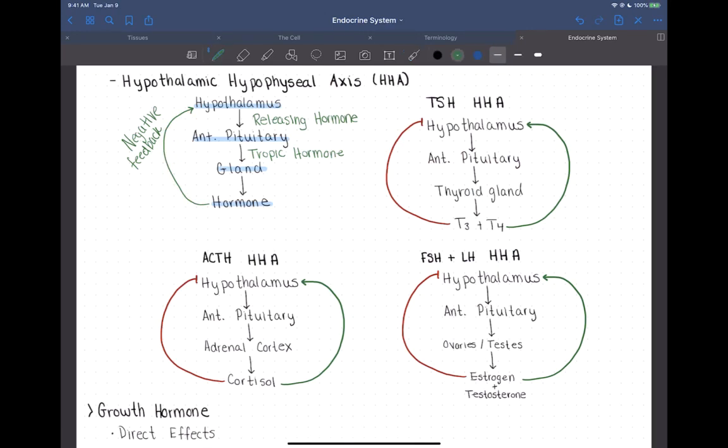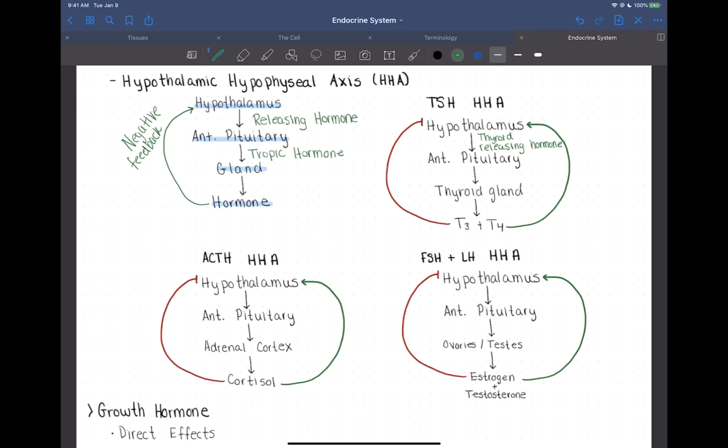Okay, so let's go through our specific examples, starting with thyroid stimulating hormone, so TSH, all right? So the hypothalamus is going to secrete its releasing hormone. It is called thyroid releasing hormone. All right, that's secreted by the hypothalamus, travels through that hypophyseal portal vein to the anterior pituitary.